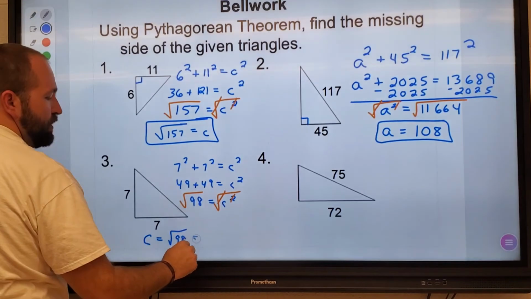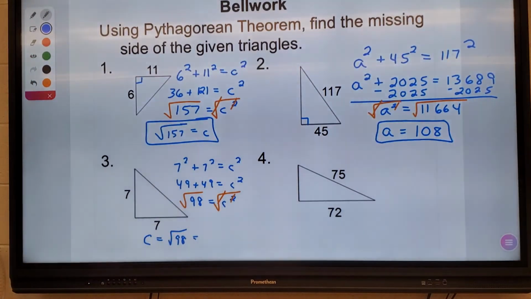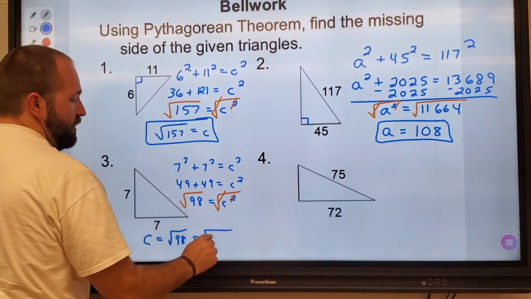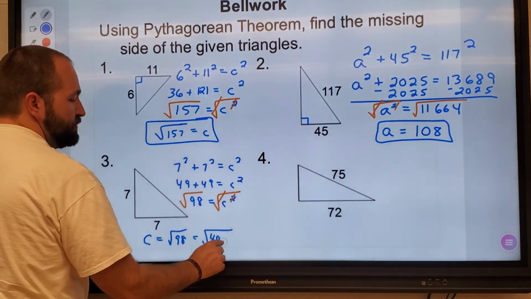And again, we're going to try to simplify this because 98 is not a perfect square. Just below that is 9 squared, which is 81. Just above it would be 10 squared, which is 100. So 98 does not fall in that realm. So we have to find out if we have any perfect square factors of 98. If you go through the list, I end up with the square root of this is 49 times 2.